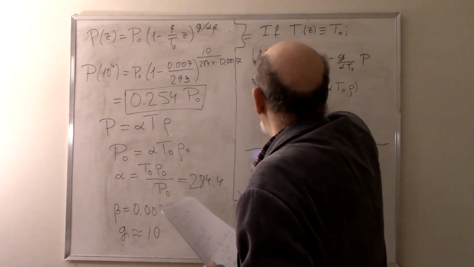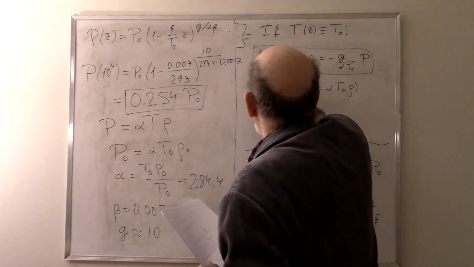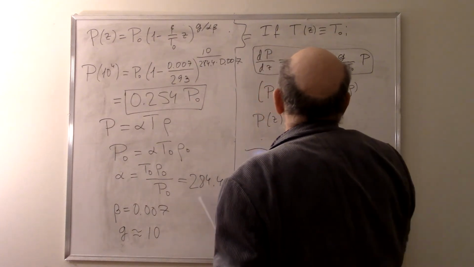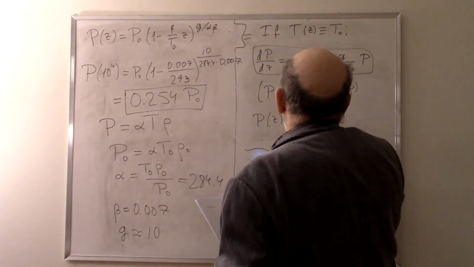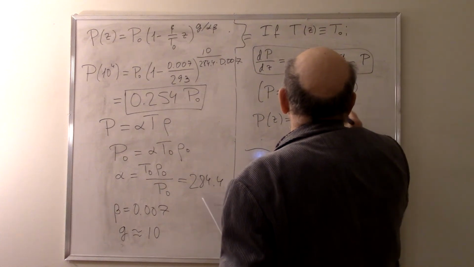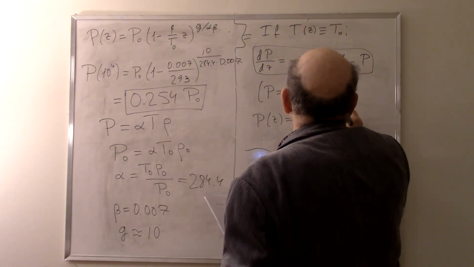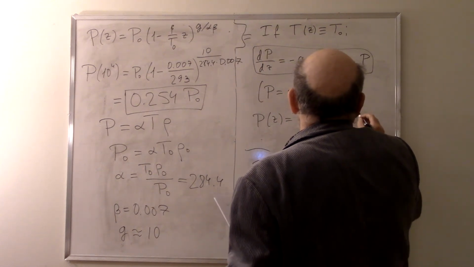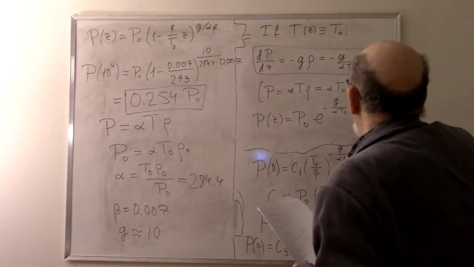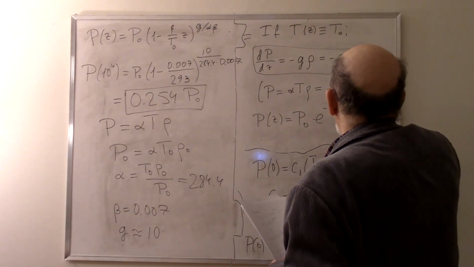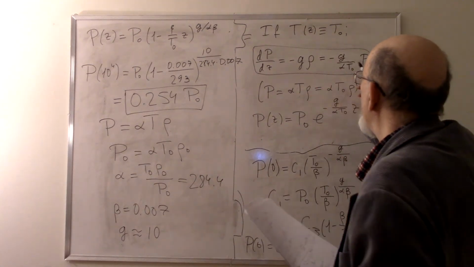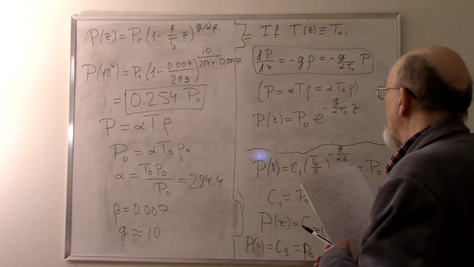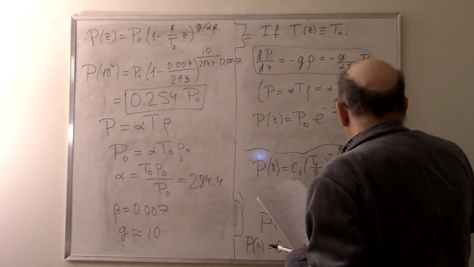So we have this equation, and P of Z equals P0 e to the minus G divided by alpha T0 times Z. This is the solution of this equation.